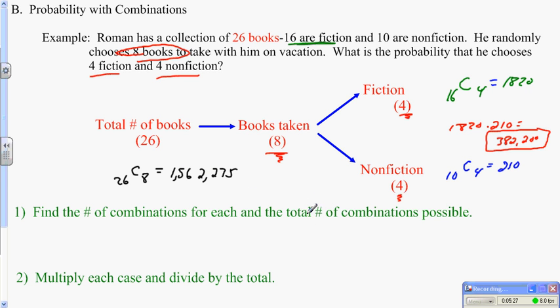So the probability would be to take what we're looking for and dividing it by the total. And that is our result. And if we actually do the division, it would be 0.245, or in other words, about 24.5% chance.